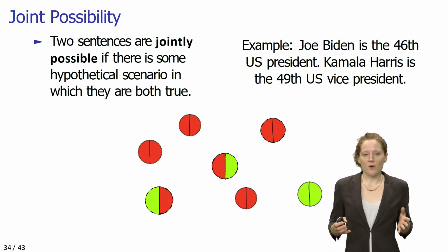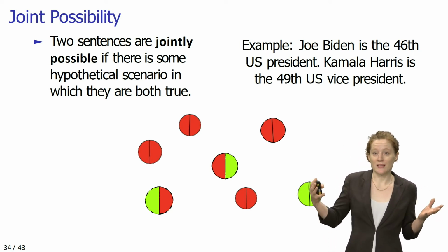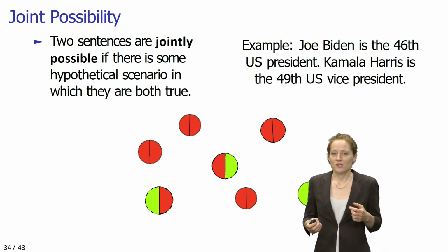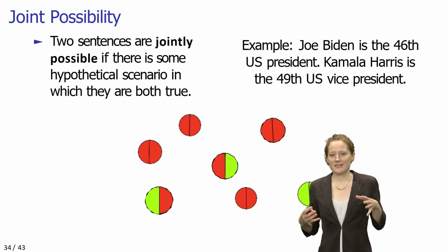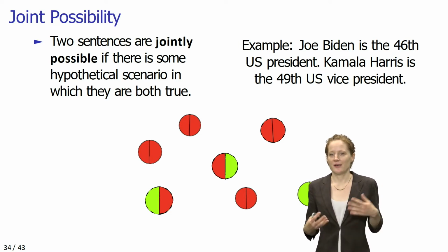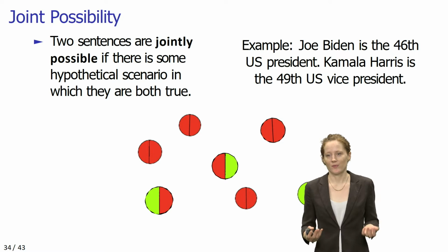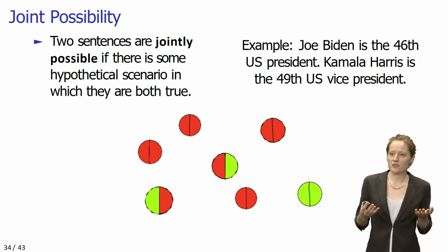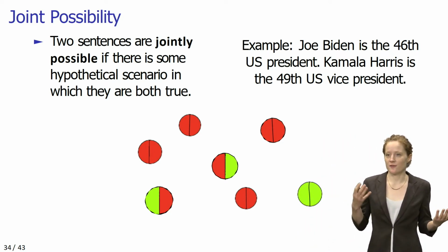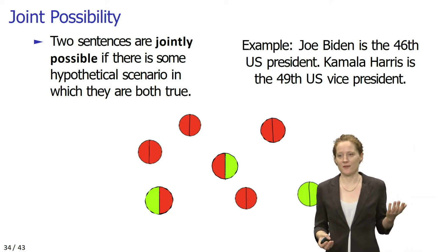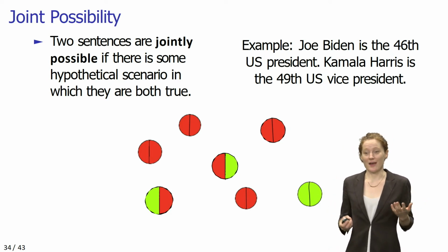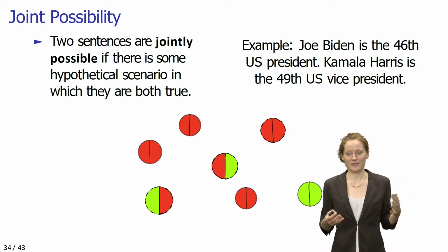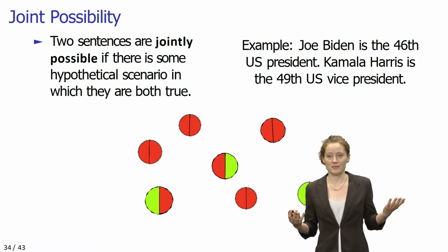Now let's talk more about the relationships between sentences. Two sentences are jointly possible if there's some hypothetical scenario in which they are both true. So for example, think about the two sentences, Joe Biden is the 46th US president and Kamala Harris is the 49th US vice president. Now, there are some hypothetical scenarios in which both of these sentences are false.